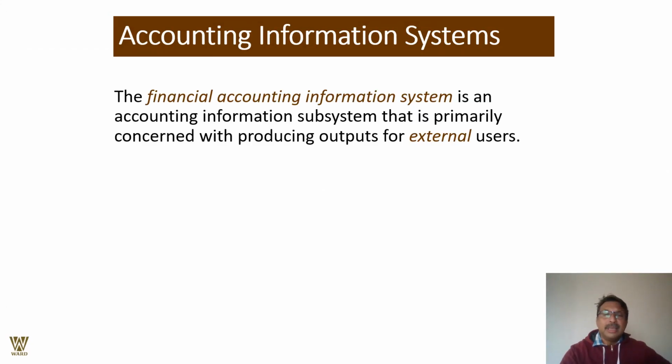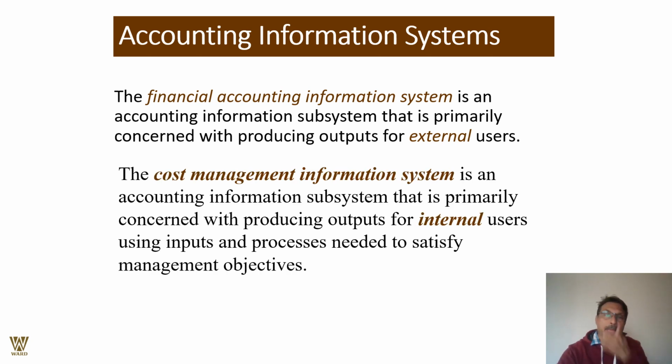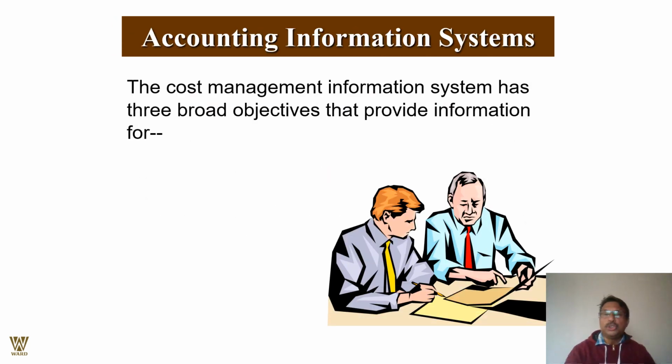So the financial accounting information system is the accounting information subsystem that is primarily concerned with producing output for external users. The cost management information system is the accounting information subsystem that is primarily concerned with producing outputs for internal users, using inputs and processes needed to satisfy management objectives. That is what we should be going for.